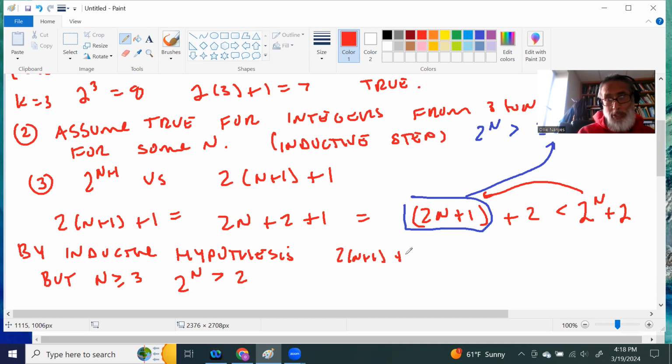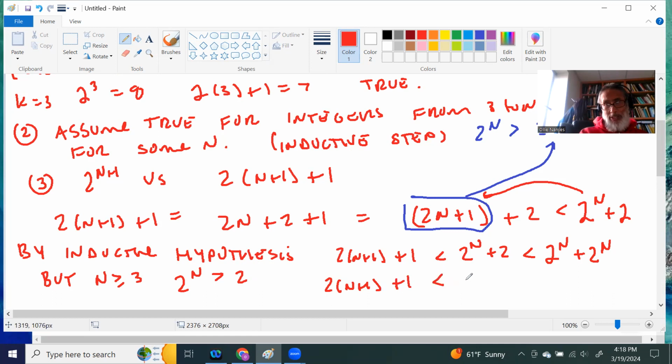So this part right here, and let's just remember where this came from, 2n plus 1 is less than 2 to the n plus 2, less than 2 to the n plus 2 to the n, because 2 to the n is bigger than 2. So we get 2n plus 1 is less than 2 times 2 to the n, which is 2 to the n plus 1.